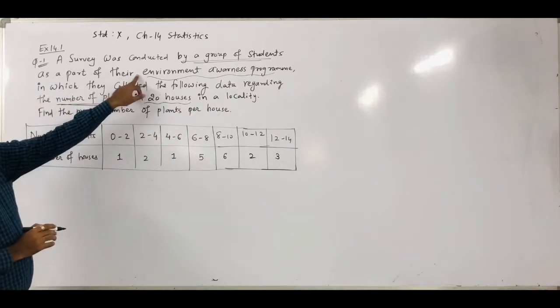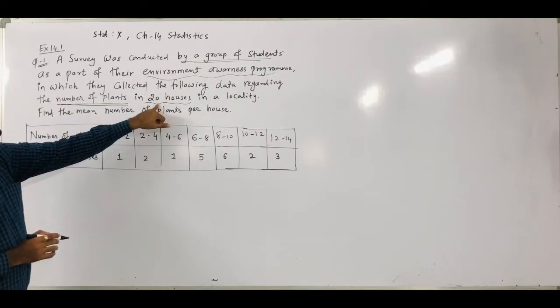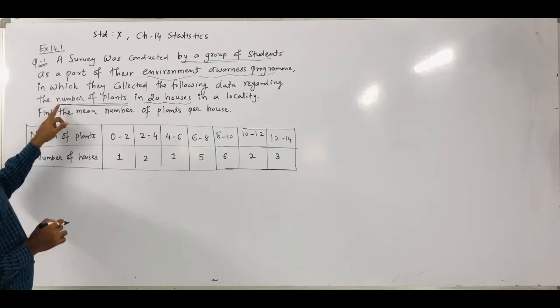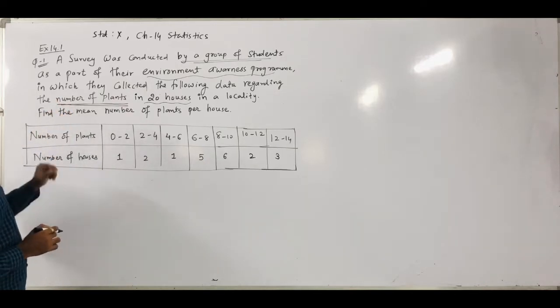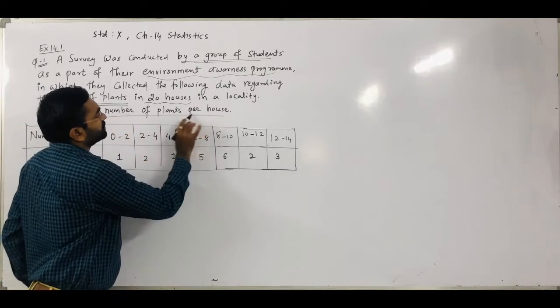So a group of students visited 20 houses and collected the data about the number of plants. We have to find the mean number of plants per house.